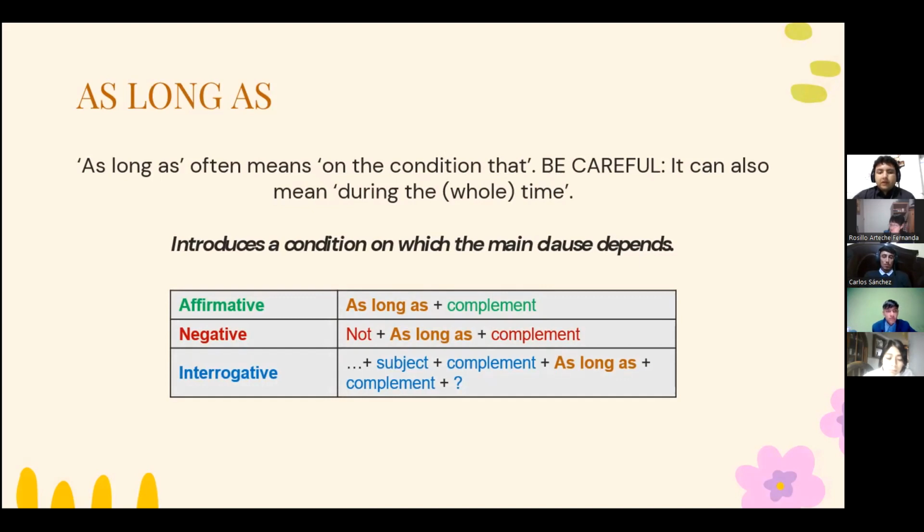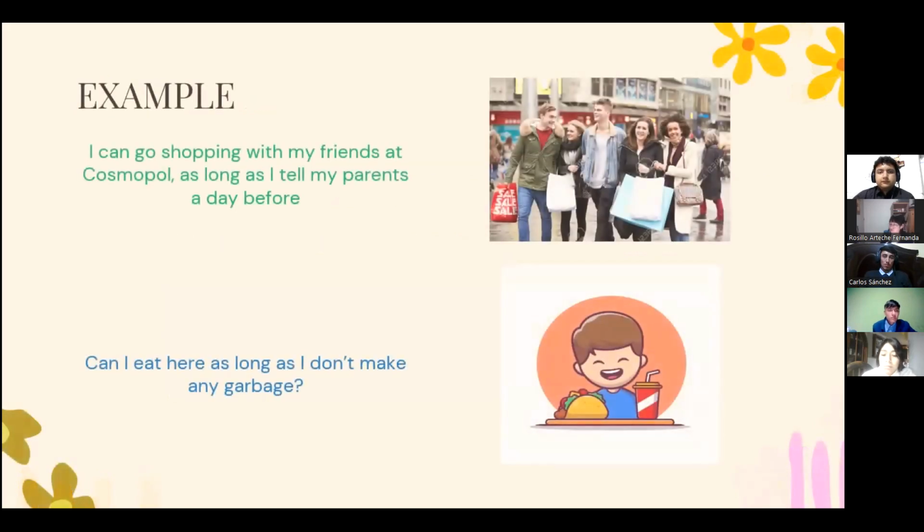Interrogative, complement plus subject plus complement plus as long as plus complement plus question mark. For example, I can go shopping with my friends at Cosmopol as long as I tell my parents the day before. And can I stay here as long as I don't make any garbage?